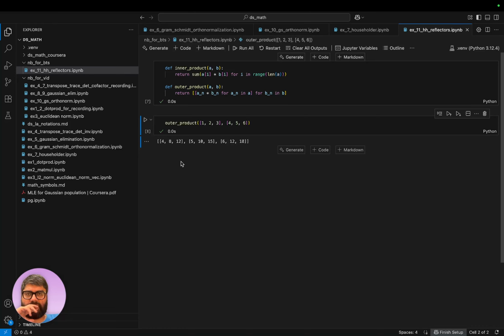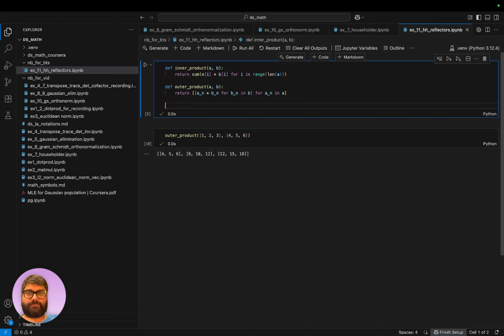The 4 is correct, but this doesn't seem right. I think it's the other way around, actually. That makes more sense, right? Because a will be done multiple times before the loop iterates into b. Yeah, that's correct. There you go: 4, 5, 6, 8, 10, 12, 12, 15, 18. That's correct.